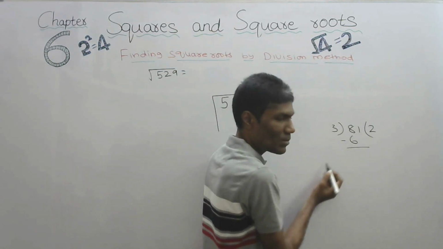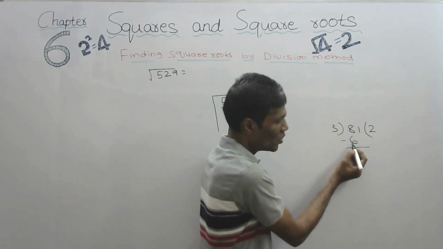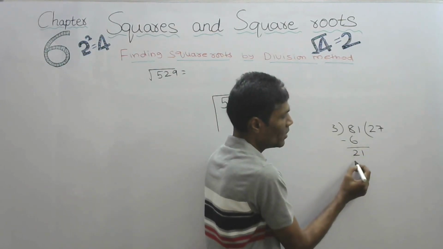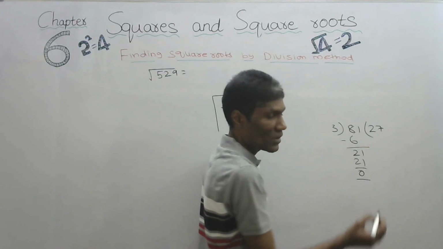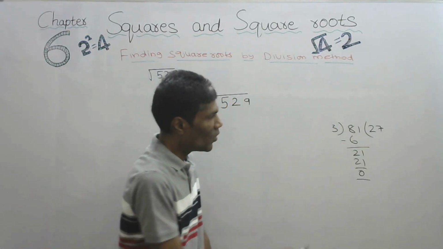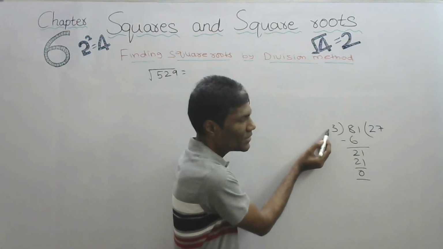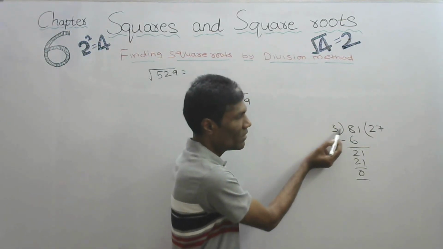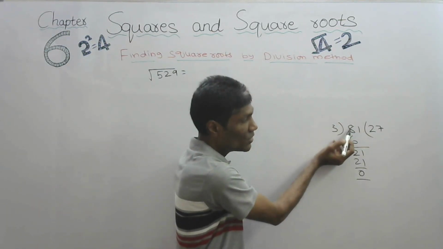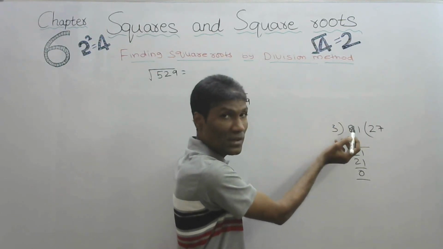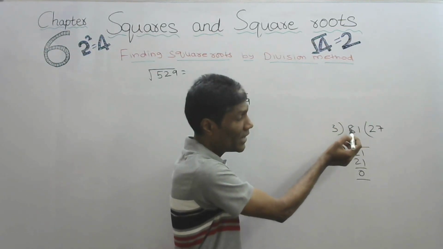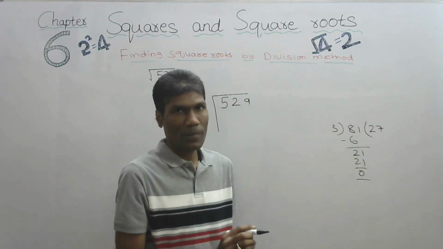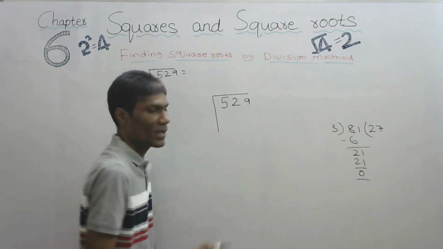Then do the subtraction. 8 minus 6, 2. 2, 1, 21. 3 7s are 21, we are doing. So in the first step, what are we doing? In the 3 table, where this number will come, that we are checking. 3 1s are higher, 3 2s are higher, 3 3s are lower, 8 is lower than this. So 3 2s are 6, we are taking.